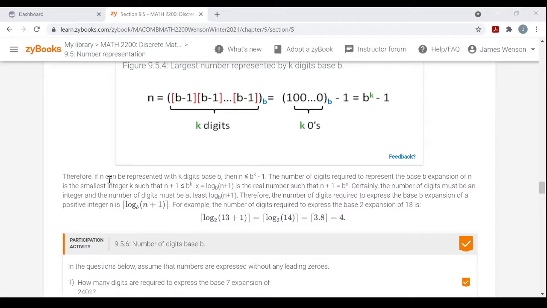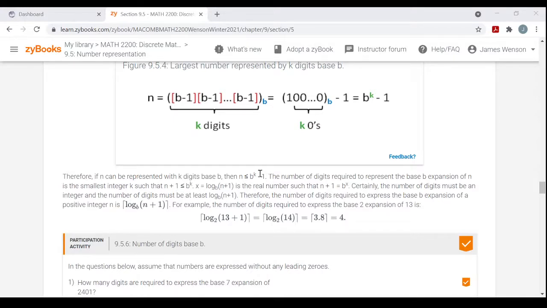Therefore, if n can be represented with k digits base b, then n must be less than or equal to b to the k minus 1. The number of digits required to represent the base b expansion of n is the smallest integer k such that n plus 1 is less than or equal to b to the k.